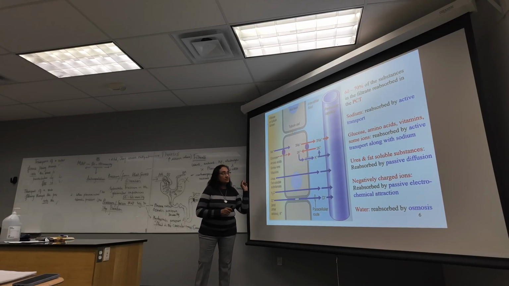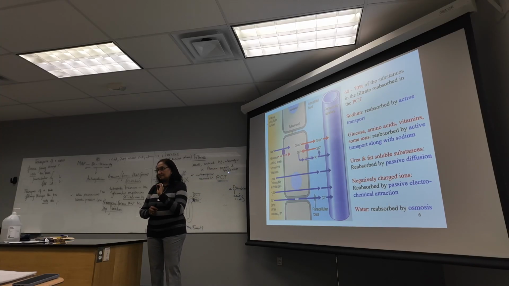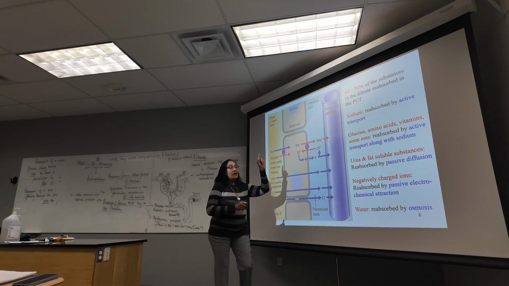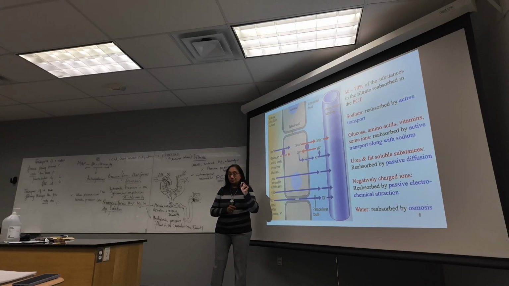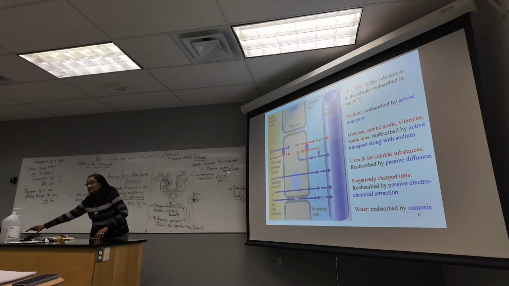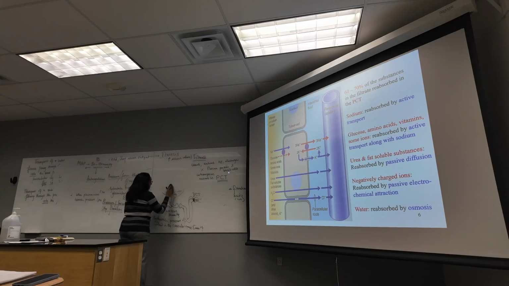But it shows you most of the substances that are reabsorbed. An important slide, so make sure you understand this. So, as the fluid flows through the proximal convoluted tubule, now we are going to look at some percentages of reabsorption.